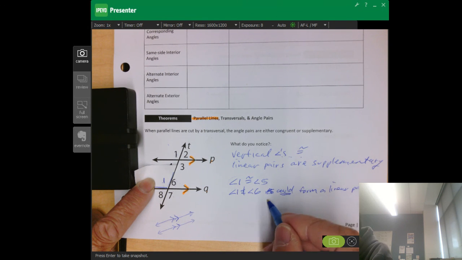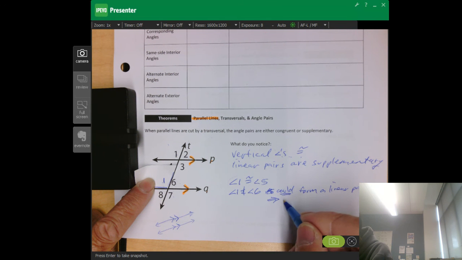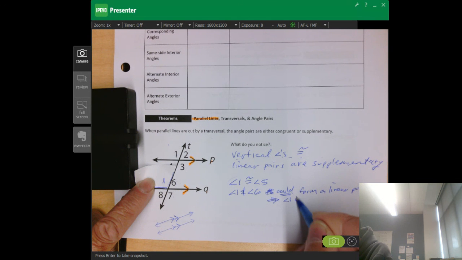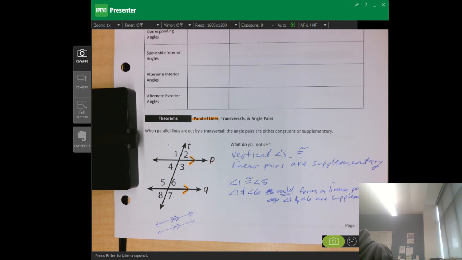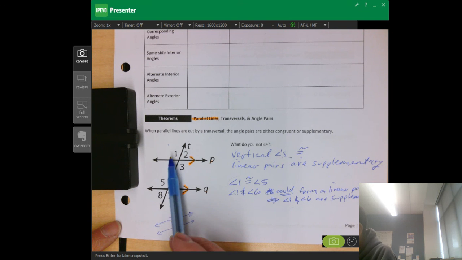So what's important about that is that means angle 1 and angle 6 are supplementary. So at this point, go ahead and pause the video some more and see if you can complete all of the other angle pairs. And from that, we should be able to get some basic rules that will work.